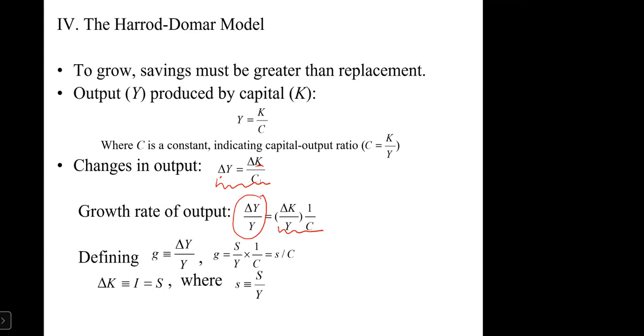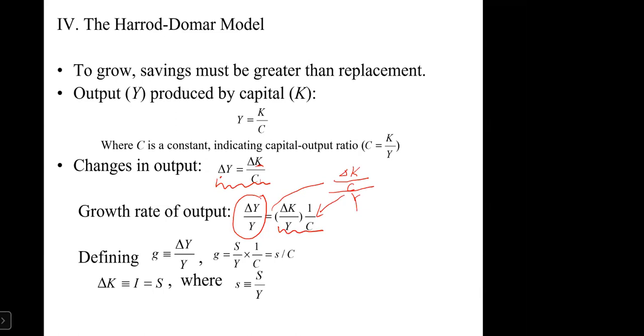Let me just show you the intermediate step. Delta Y equals delta K divided by C, and then the whole thing divided by Y. And then we're going to get the last equation.